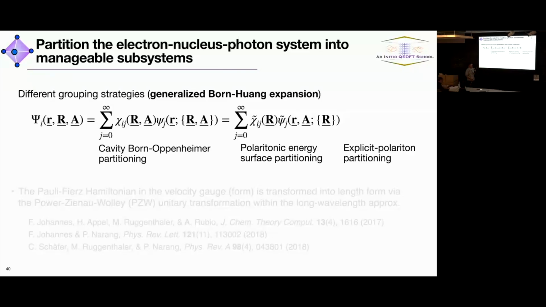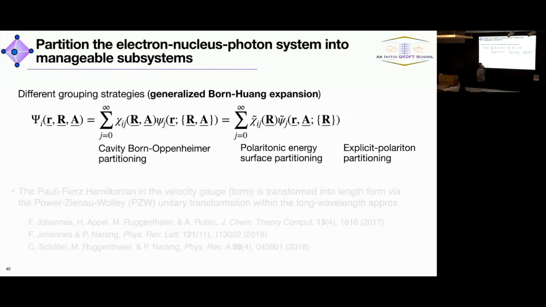This works well if your photon frequency is very close to the nuclear vibration frequency. Because they move at the same speed, we group them into the slow subsystem, and what we are left with is the electronic system.